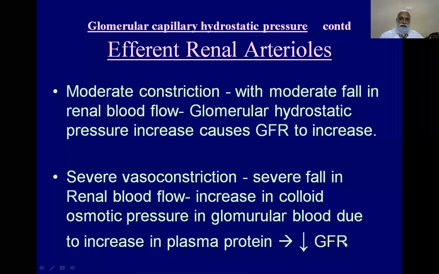So this will decrease the GFR. So severe vasoconstriction, severe fall in renal blood flow, and there occurs an increase in colloid osmotic pressure in the glomerular blood due to accumulation of plasma protein. You should use the word accumulation, because the fluid has gone out through the efferent arteriole. So that will cause a decrease in the GFR.